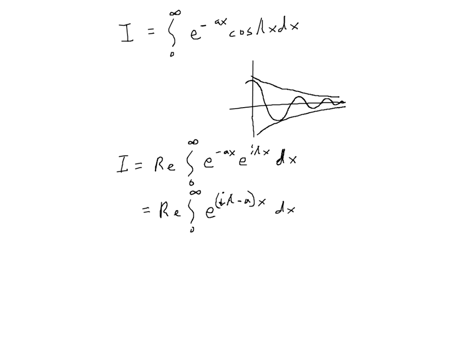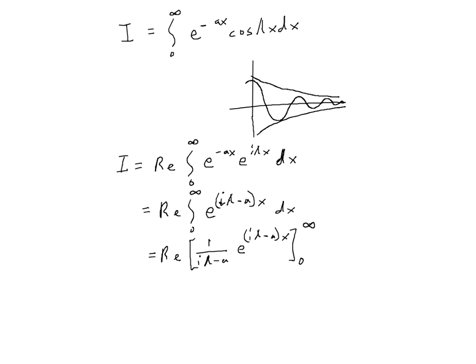And then when I integrate this, I'm just integrating the exponential, so it's now the real part of 1 over i lambda minus a times e to the i lambda minus a x, evaluated from 0 to infinity.